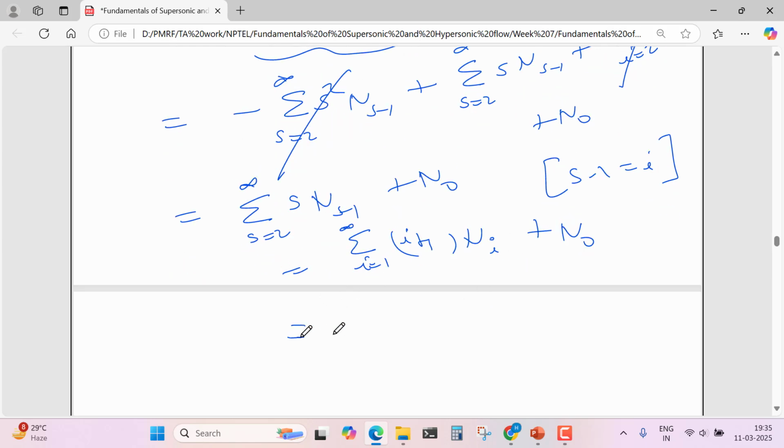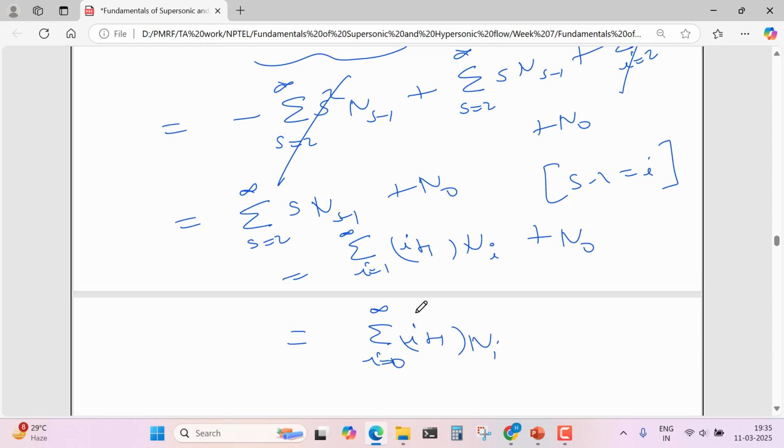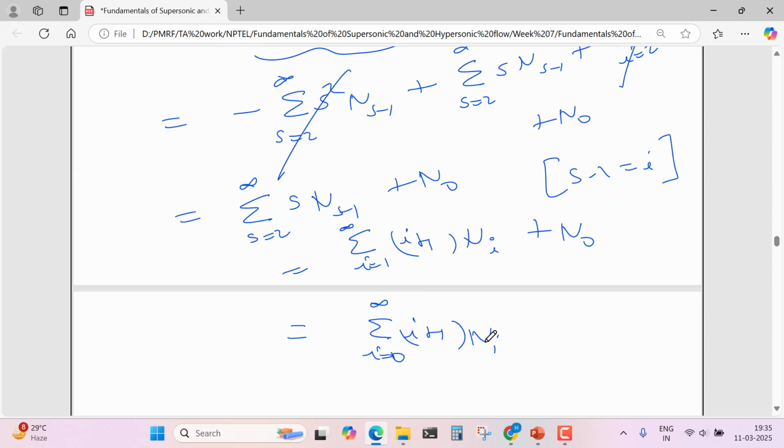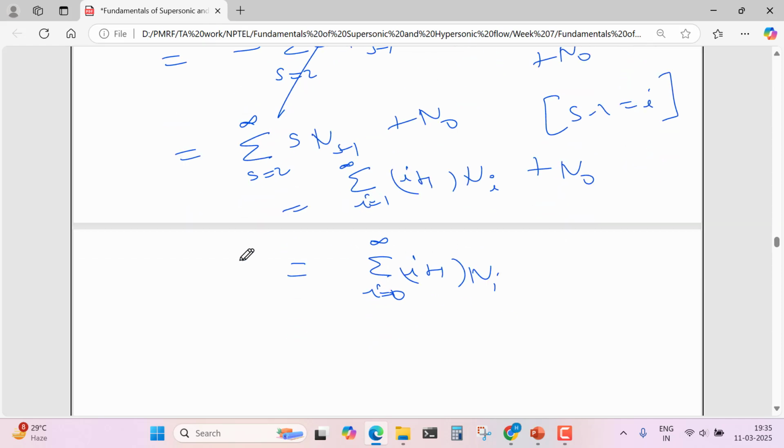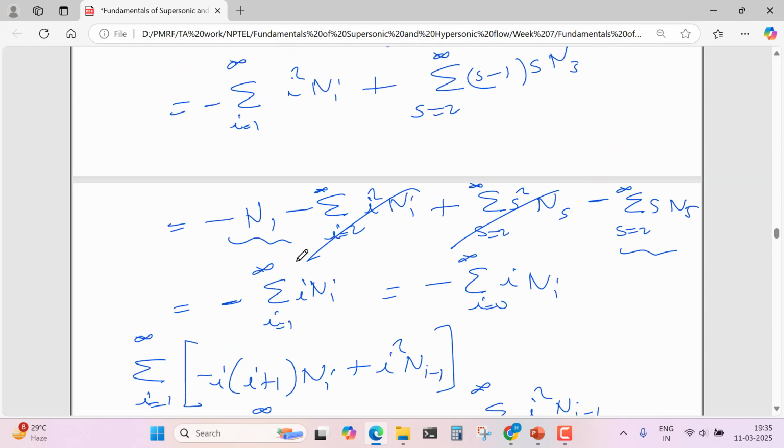This can be written together, sigma i equal to 0 to infinity (i plus 1) n_i, and so this simplification we will substitute for that equation number A.